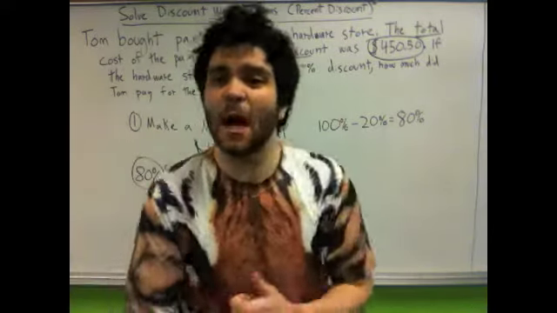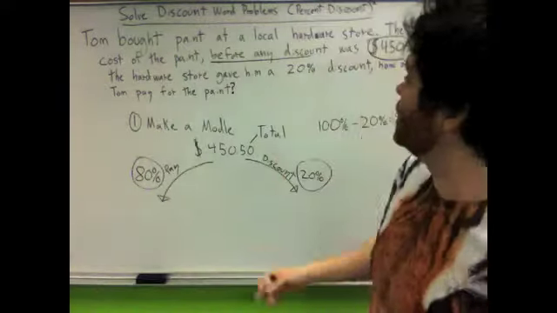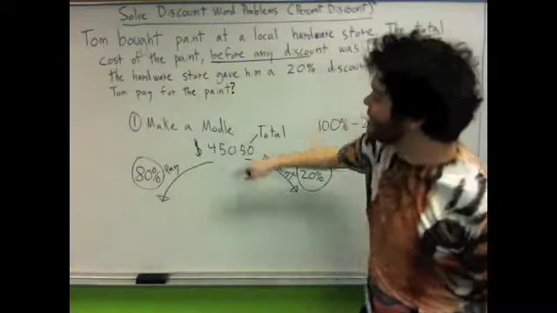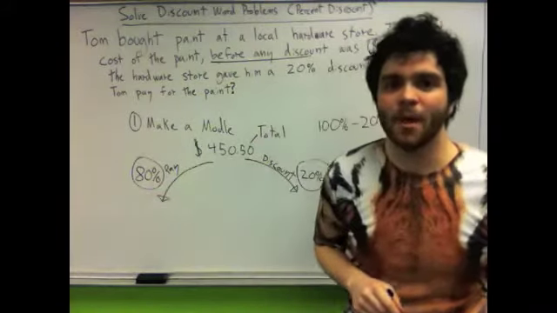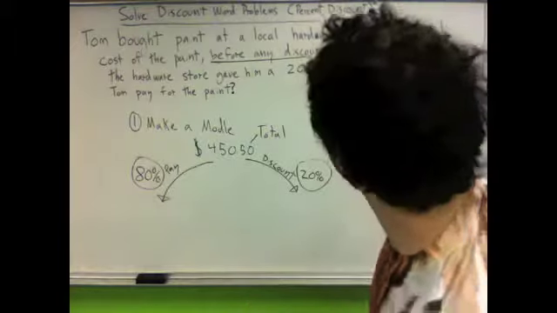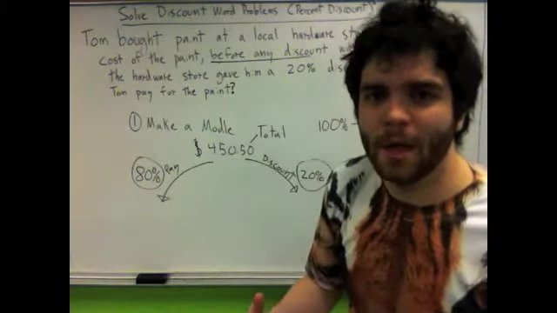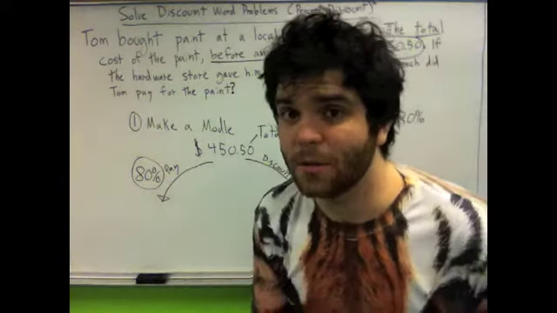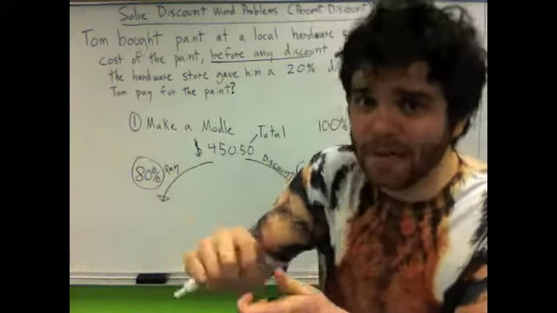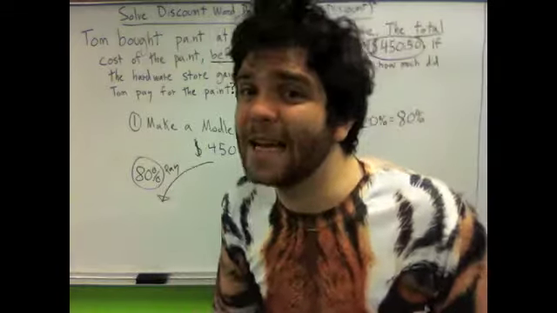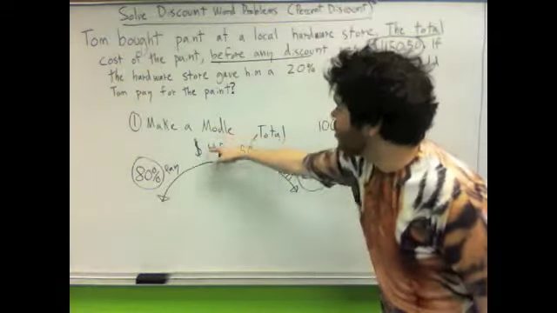You might be tempted to stop the problem right now and say, hey, I know how much I have to pay for the paint, that's 80%. But read the question. How much did Tom pay for the paint? That's asking you for some dollars, right? How much money did he actually have to give? Not how much percent of the original price.